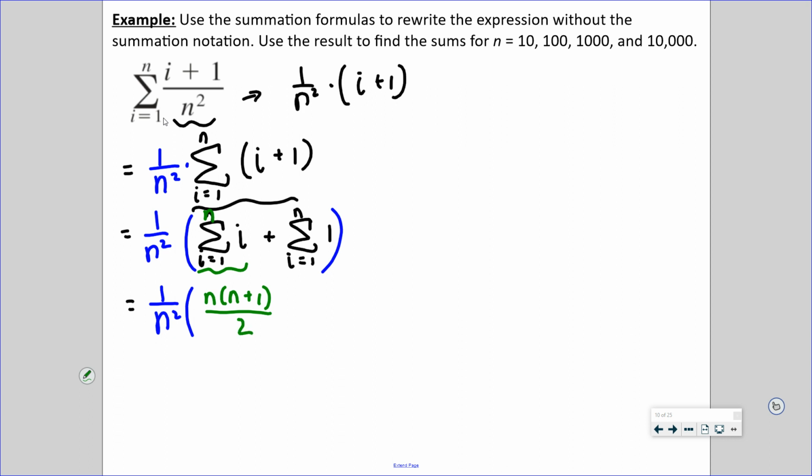That's my shortcut for that one. Plus, here my constant is 1, so I just take this number 1 times however many times I'm adding it together, so n. Okay, let's clean this up a little bit.